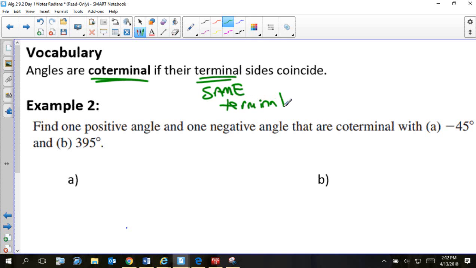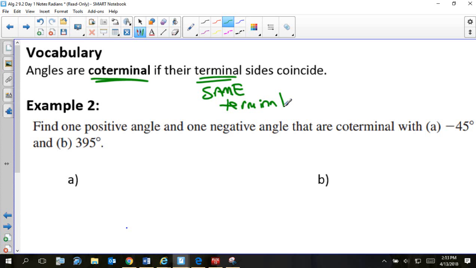So if I started at my initial side of 0 degrees, and I went 360 degrees, or if I went 720 degrees, I would have the same terminal side. Those would be coterminal.